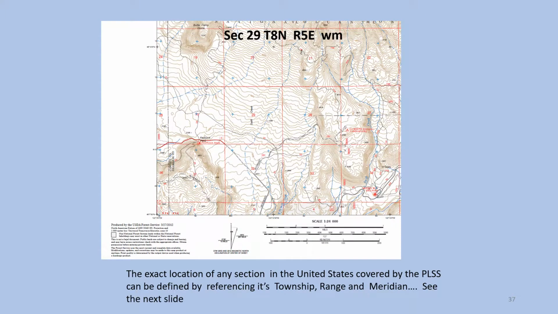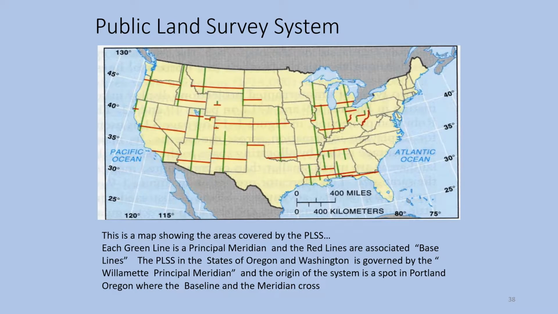The exact location of any section in the United States covered by the Public Land Survey System can be defined by referencing its township, range, and meridian. This map shows areas covered by the Public Land Survey System.